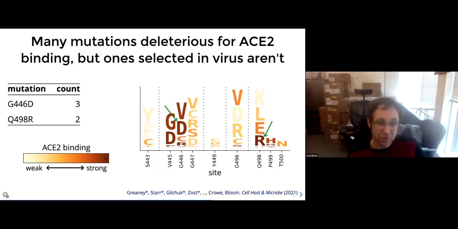The letters are colored brown if that mutation has high ACE2 affinity, and yellow if it has poor ACE2 affinity. So you can now see there are only a few mutations that are both tall letters, so escape antibody binding, and brown, so still bind to ACE2 well. And the actual mutations that arise in the context of the virus are among them. So we're getting decent predictive power here. We've narrowed down to a small set of mutations, and the ones that actually occur are among that set.